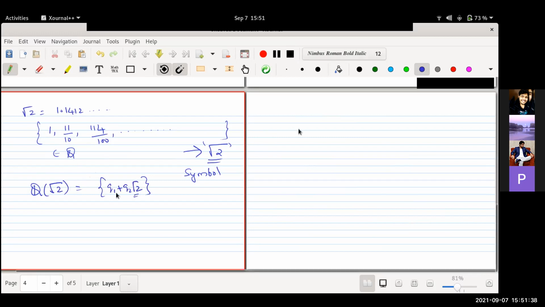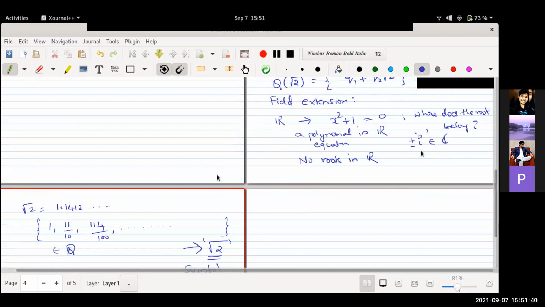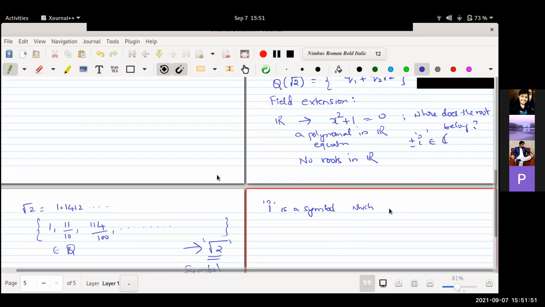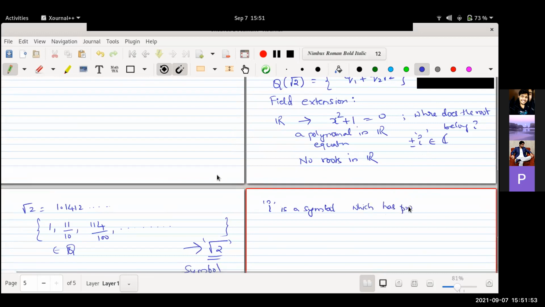In the same way, what we did here is you introduced some new symbol. So I is a symbol which has a property. What is its property? I square equals minus 1.